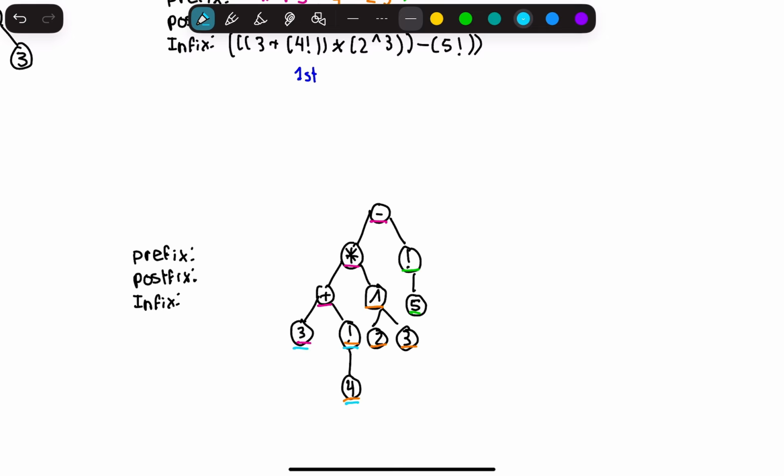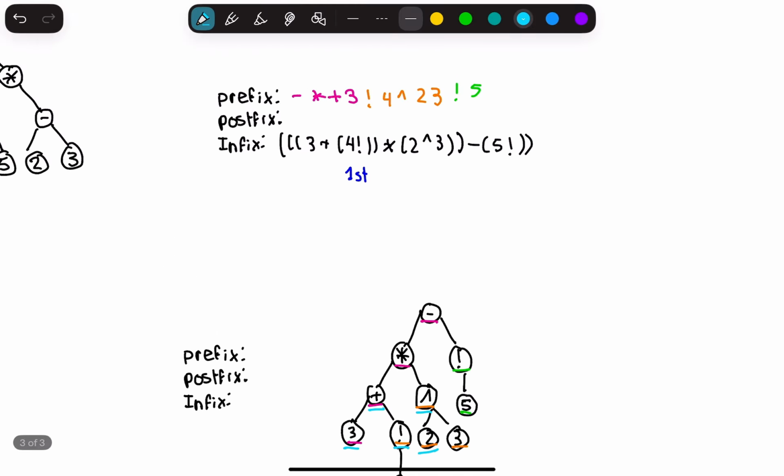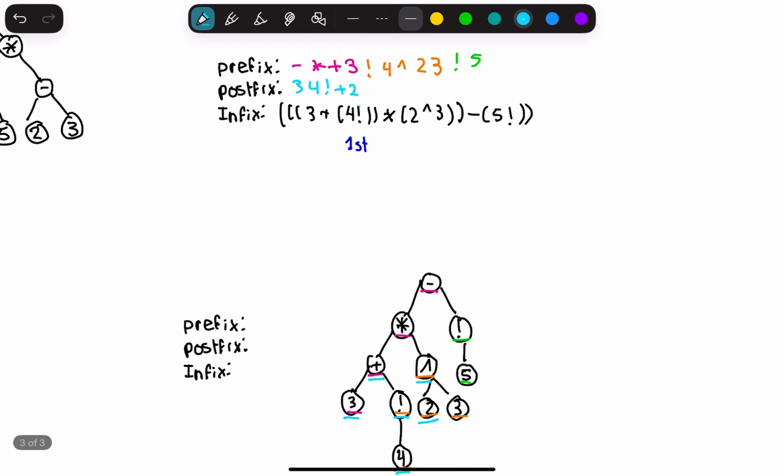And now we're at this. Now we go left, and then we go right again, and the right of this is going to be 2, and then you go back to the root. So the root is going to be this. Let's write that up so far. So we have 3, 4, factorial, plus, 2, 2, 3, to the power.